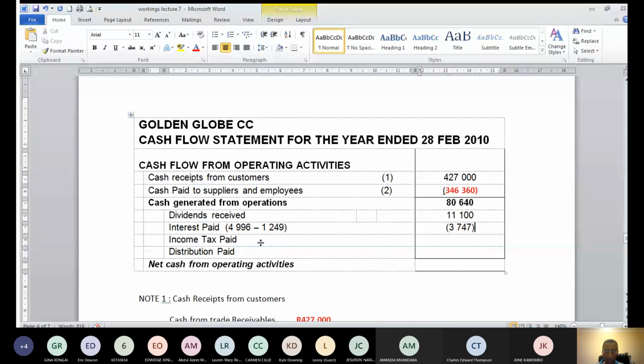Okay. We take a look at our income tax that was paid. How much income tax did we pay? Our statement of profit and loss and other comprehensive income shows income tax expense as 19,791.